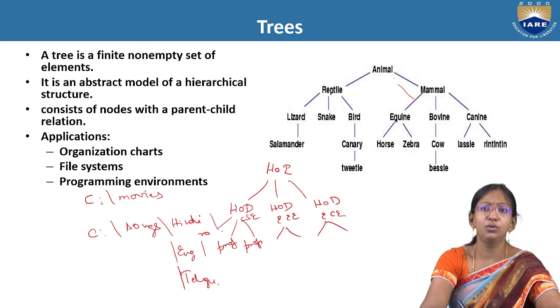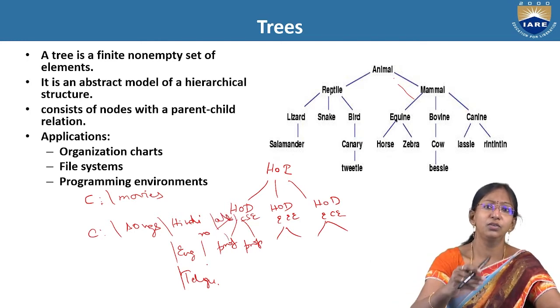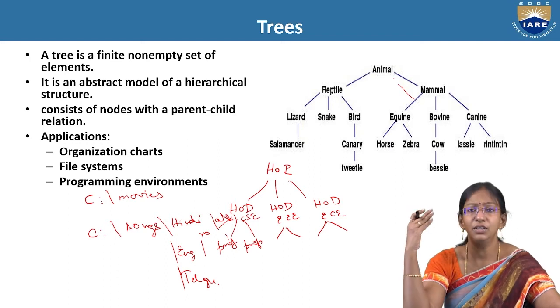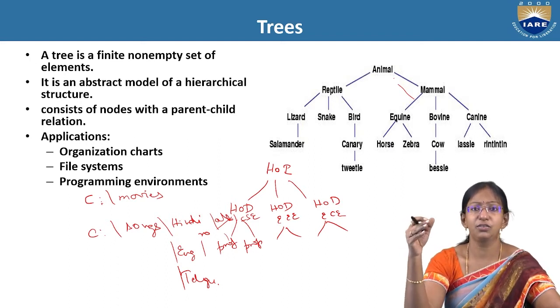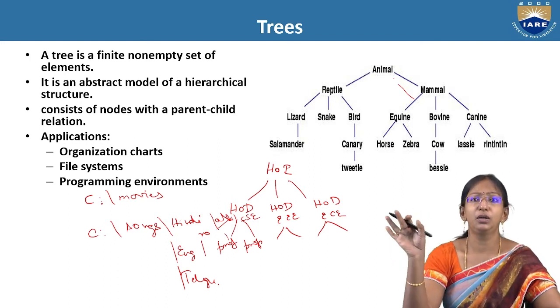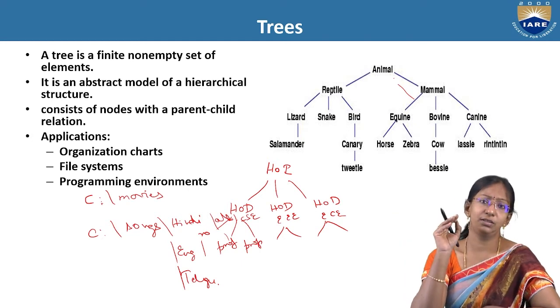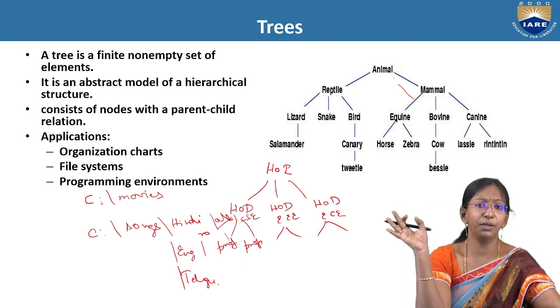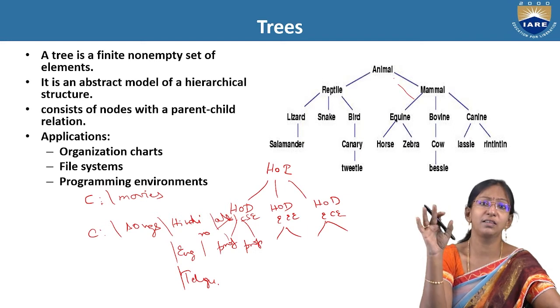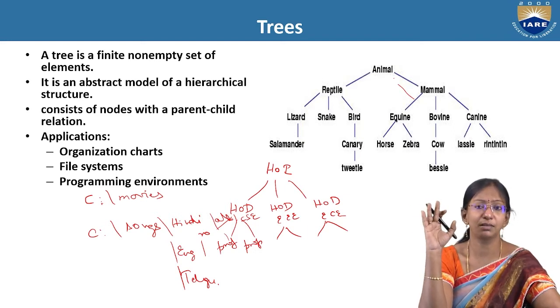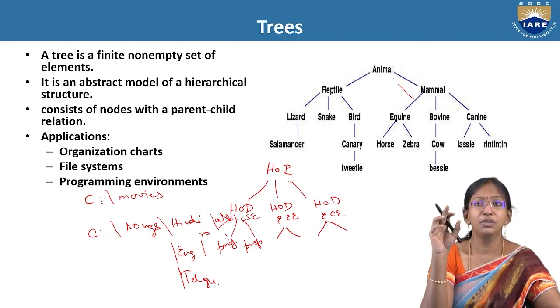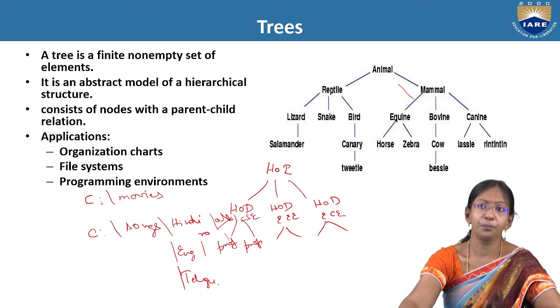Within Hindi, you can have the names of the movies or albums, like album 1, album 2, and so on, right? So any hierarchical structure, if you chart it, will look like a tree with the root node on its head. And in every programming environment also, the operating system acts as the root, right? So this is the structure of a tree.